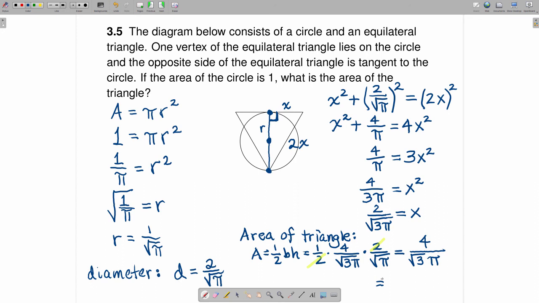Now, if you wanted to calculate that using a calculator, you would wind up with 0.7351, this is approximate of course, to 4 digits. And this confirms what we said at the beginning of this particular problem, and that is that the area of the triangle will be slightly less than 1, which is the area of the circle.